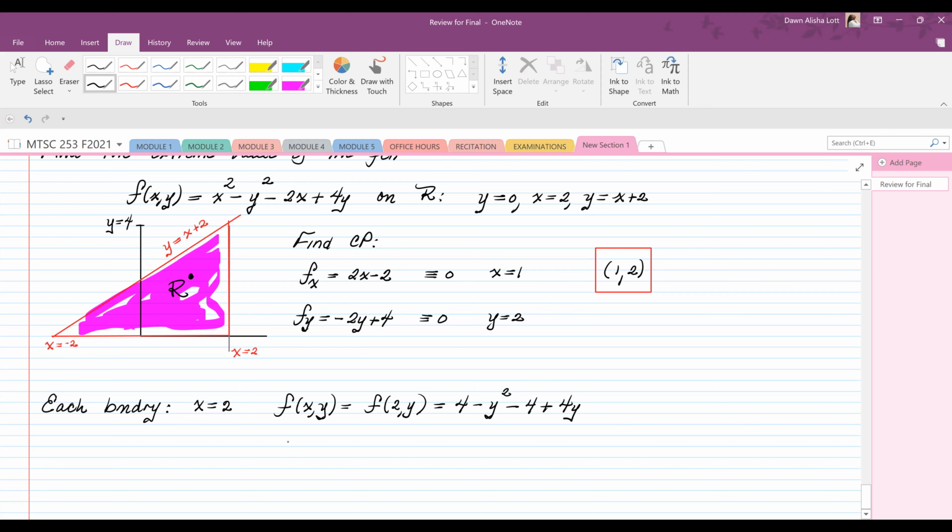So you get f of y is equal to negative y squared plus 4y, right?